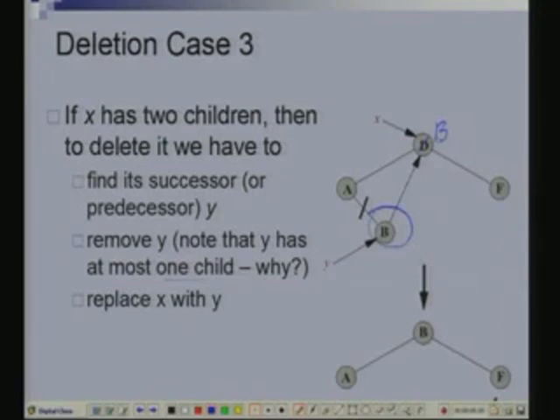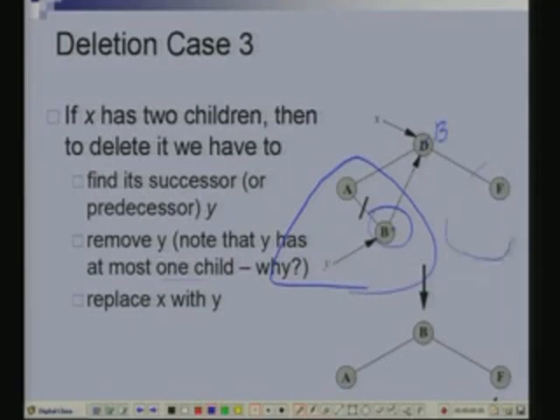Okay. Why can I move this here? Why would the search property not get violated by moving the content of b here? Because b was the predecessor of d, everything in this left subtree was less than d, and b is the largest element in this left subtree. So everything in this left subtree is also less than b. So if I move b here, there is no problem as far as the search property is concerned.